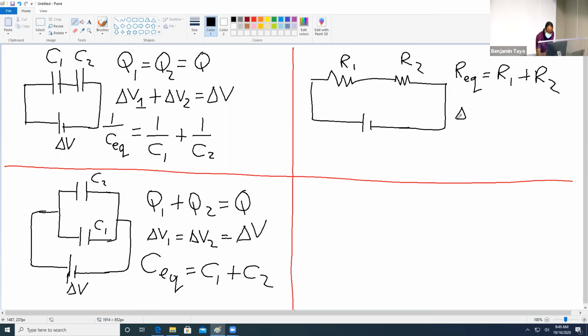The voltage across resistor number 1 plus the voltage across resistor number 2 must be equal to delta V. And in this case, notice that the current through resistor number 1 is equal to the current through resistor number 2, which is just the current I.